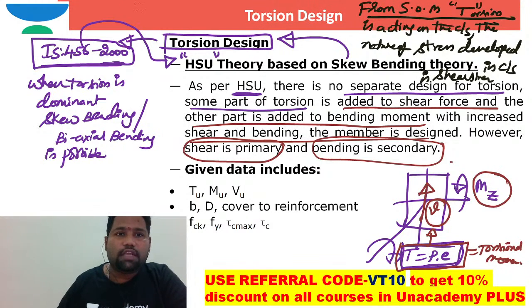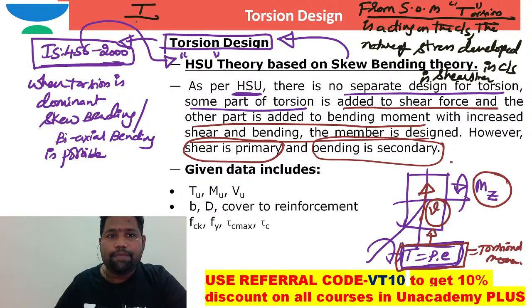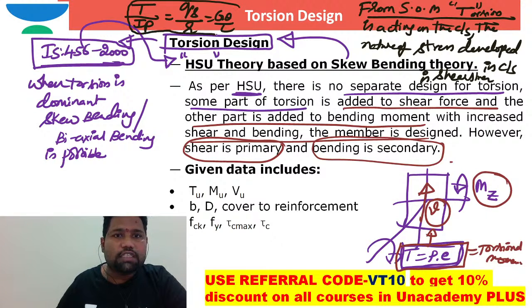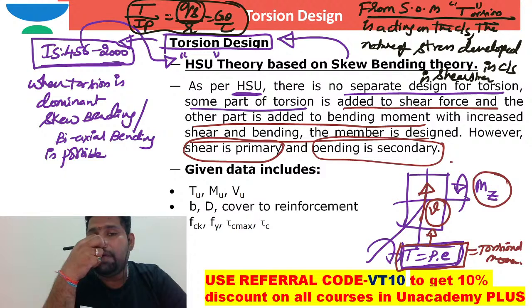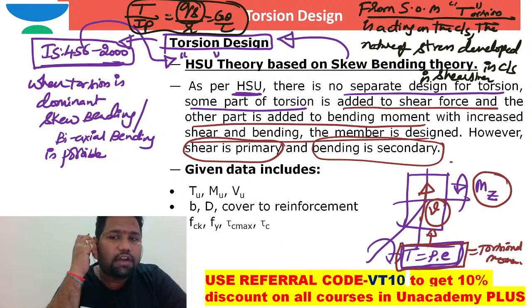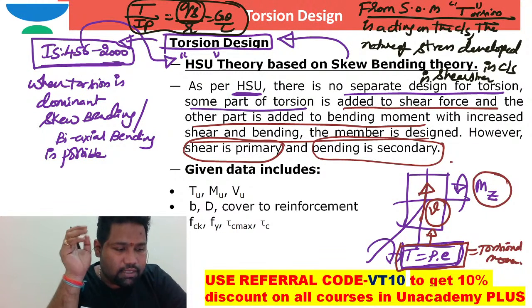From the pure torsion formula, T by polar moment of inertia J is equal to shearing stress by R, which is equal to G theta by L. From this you can understand that when torsion is dominant, shear stresses are dominant, not the bending stresses. So the primary mode of failure because of torsion is shear. The secondary mode of failure because of torsion is bending failure or flexural failure.